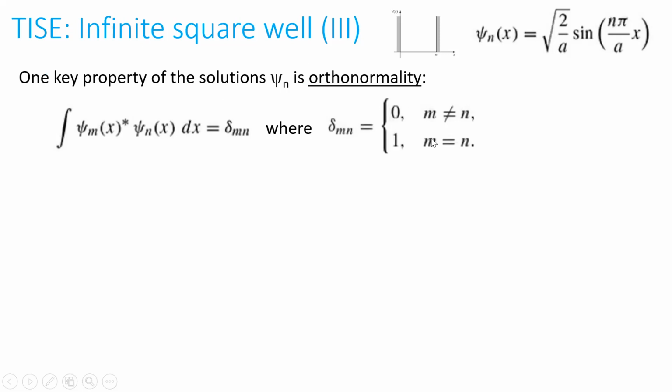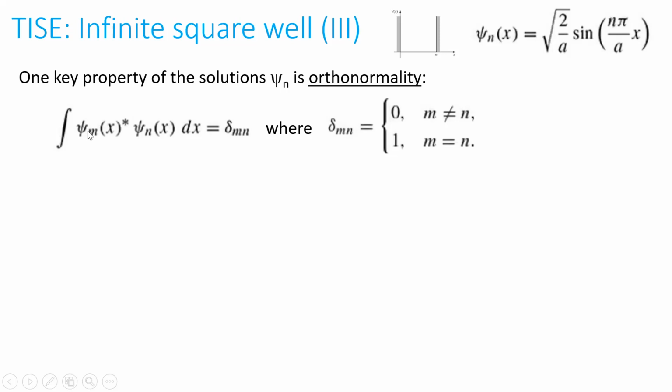If m is equal to n, we get 1, and that just corresponds to that wave function being normalized, because that would be the integral of psi n star psi n is equal to 1.